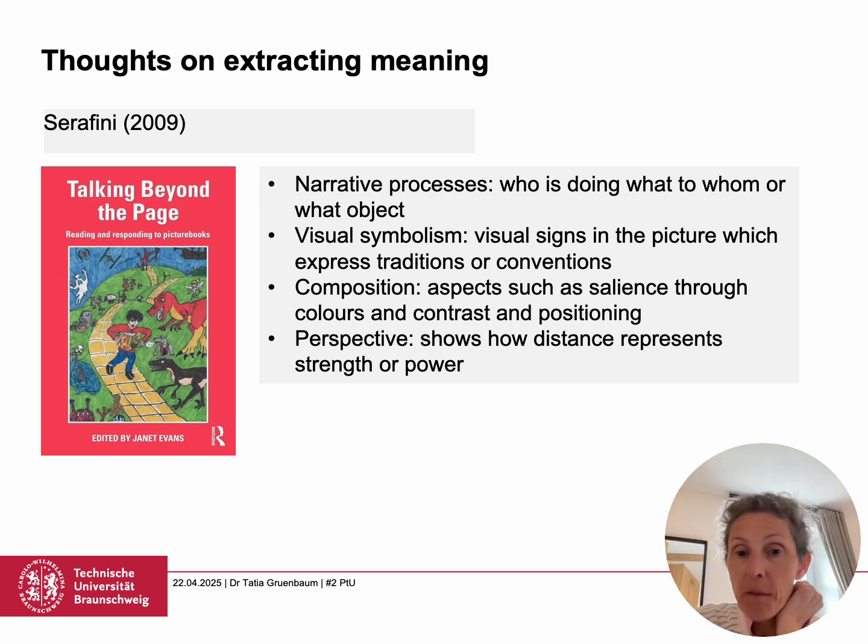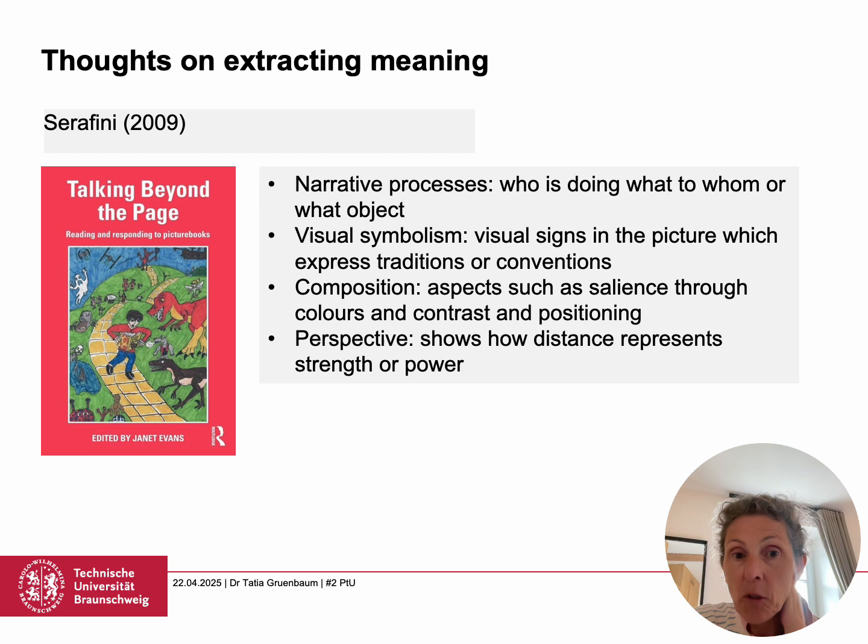We then have visual symbolism, and with that we are looking at the visual signs in the picture which express perhaps traditions or conventions. And I'm sure you can think of symbols which express traditions or conventions. I mean, you just need to think of big yearly celebrations. Then we move on to composition.